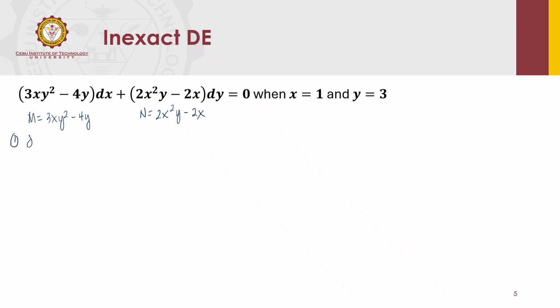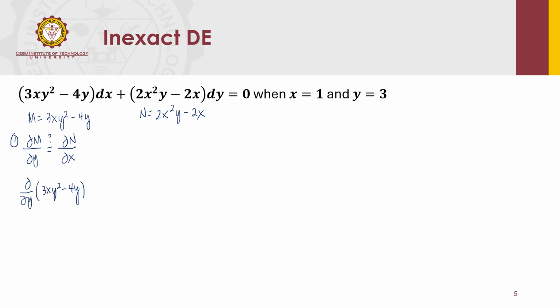Is the partial derivative of M with respect to y equal to the partial derivative of N with respect to x? This is just for discussion purposes. You can, of course, just give the derivative right away.